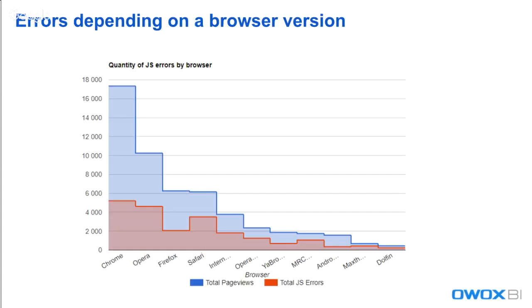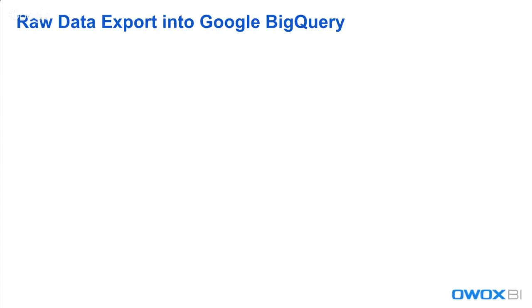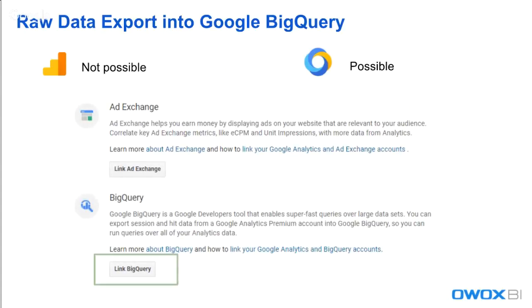And now we're going to talk about Google BigQuery and raw data export. You know that Google Analytics 360 has a native integration with Google BigQuery, and besides raw and unsampled data, you will also have 10 billion hits or 13 months of retrospective data that you had previously.